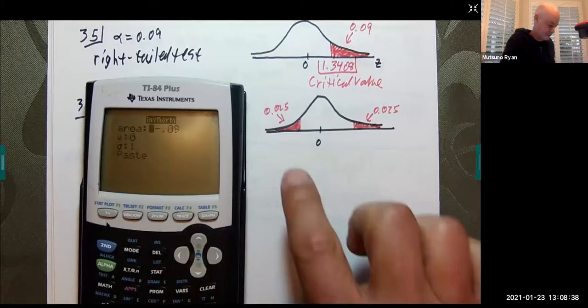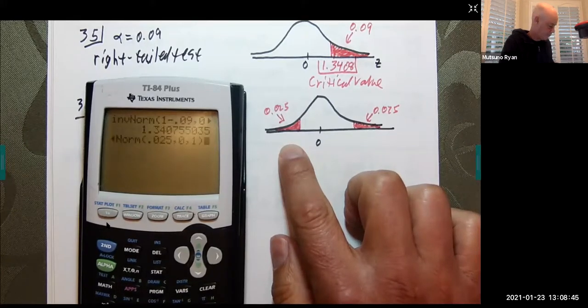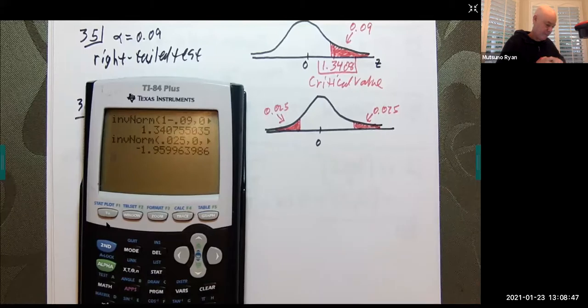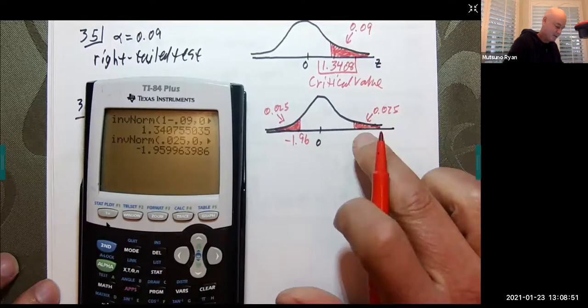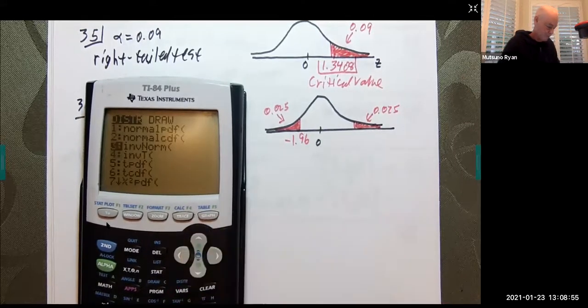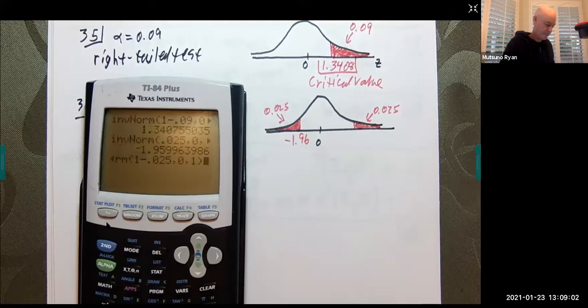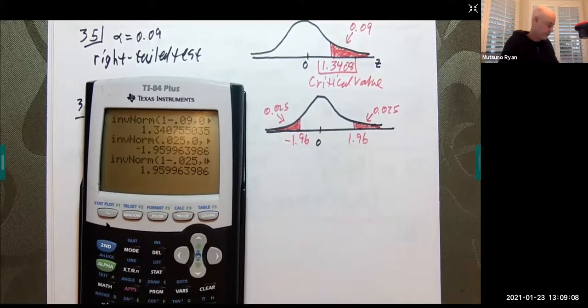I'll do this one first, 0.025, and we get negative 1.96. And this will be a positive, but I'll show you how we get that as well. We do 1 minus 0.025, and you can see it's positive 1.96. In this case, we have two critical values.